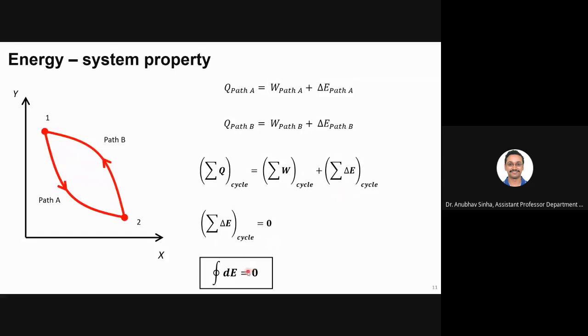Or I can say the cyclic integral of dE is 0, right? Now this happens for a point function, which shows that E will not be path dependent. It is a point function and it is a property of the system. Okay.